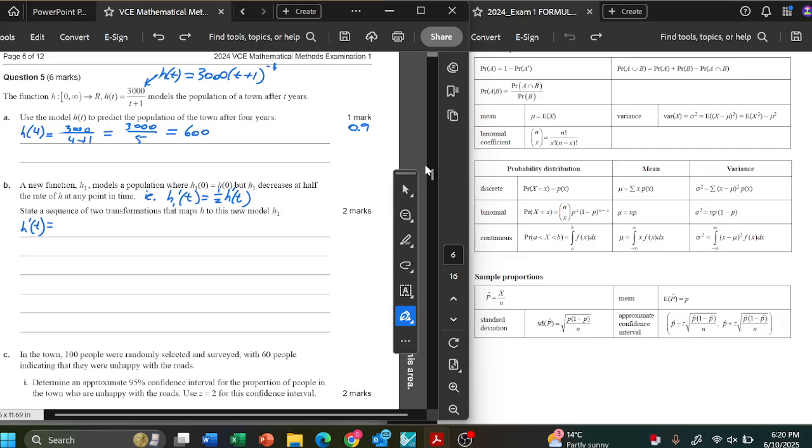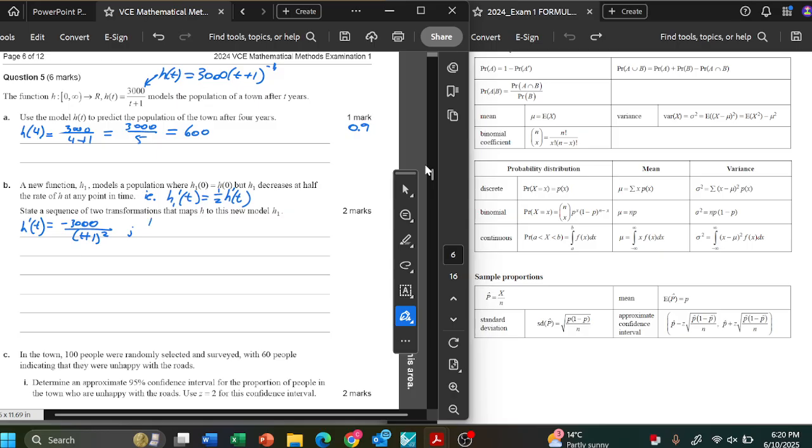Well, what we need to do here is decrease this power. So it's going to go from t plus 1 to the power of negative 1 to t plus 1 to the power of negative 2. And we need to multiply by the current power. So this is going to come out as negative 3,000 divided by t plus 1 squared. So that's our derivative here.